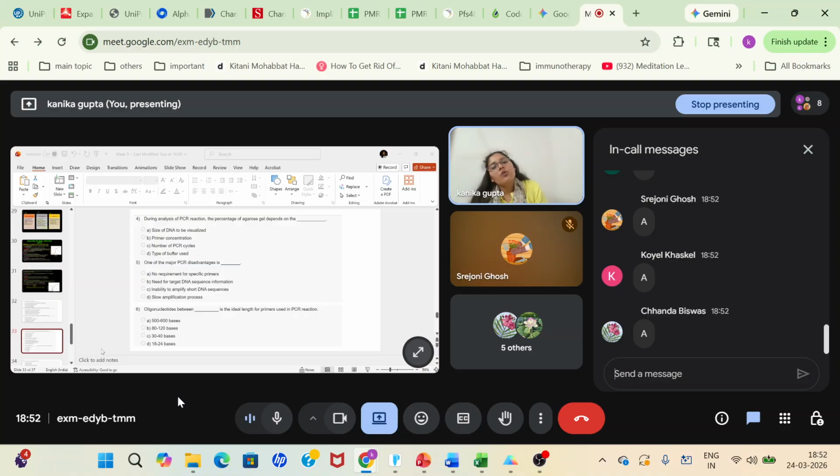It should be more than 1% or less than 1%. Let's say 400 base pairs.